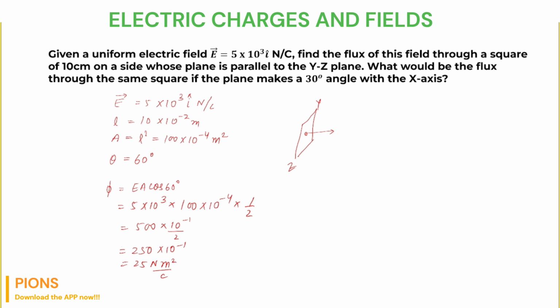And read again the question and see if it is given. Like in this case, it is clearly saying the flux through the same square if the plane makes an angle 30 degree, not the normal to the plane makes an angle of 30 degree. If instead of plane, they say normal to the plane makes an angle of 30 degree with the x-axis, then it's fine, straight away that angle. Understood?